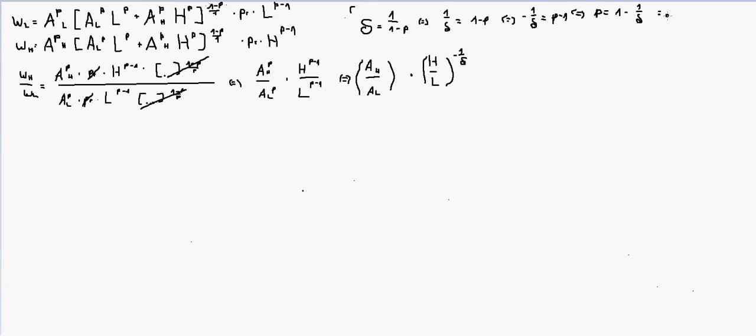And again, what I can do is rewrite this 1 as sigma divided by sigma, so that p equals sigma minus 1 divided by sigma. So actually this p turns into sigma minus 1 divided by sigma.